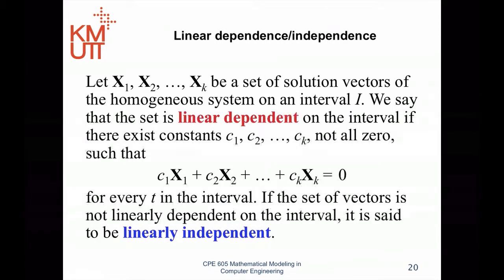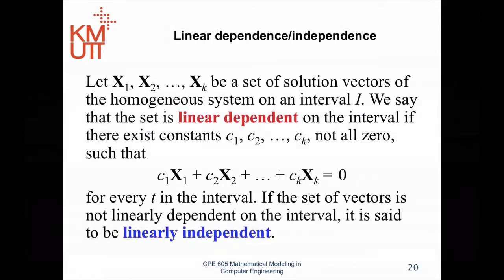Let's further look at the relationship between the solution vectors. If you have x1 to xk being a set of solution vectors of the homogeneous system, then we say that the set is linearly dependent if when you combine them together, it can equal 0, meaning that you can represent one vector as a superpositional sum of other vectors.